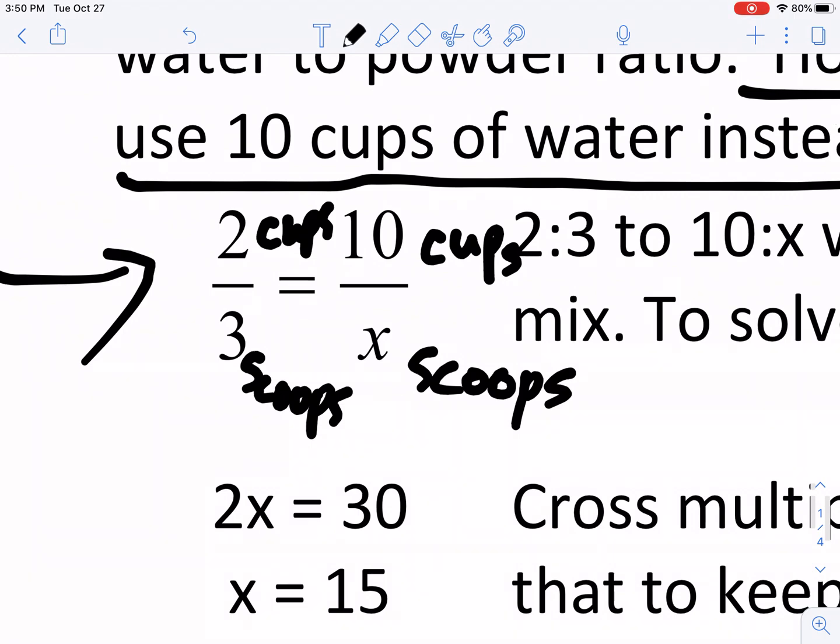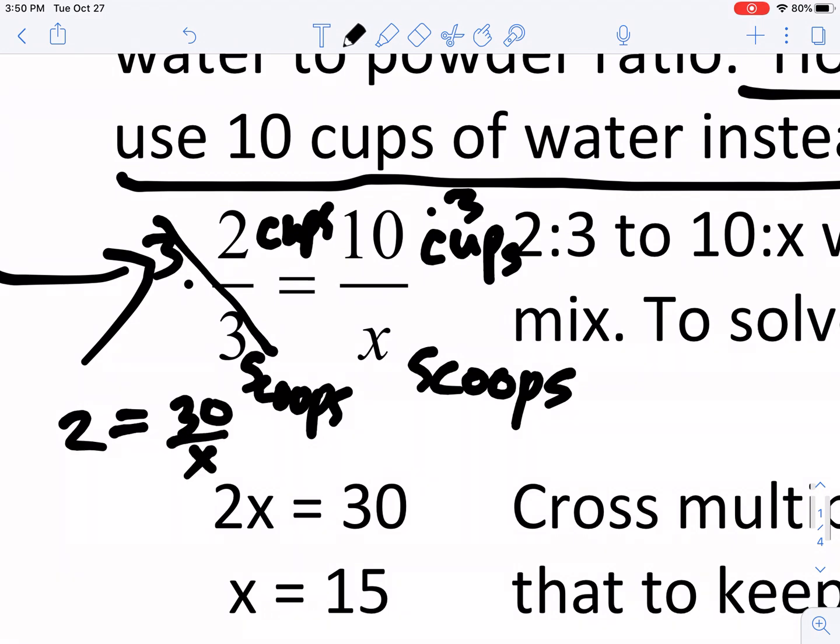If I wanted to get rid of division by 3, we could multiply by 3 on both sides, right? This would go away, and I'd get 2 equals 10 times 3, which is 30, over x. Well, then how do I clear that fraction? I'd have to multiply by x, and we get 2x equals 30.